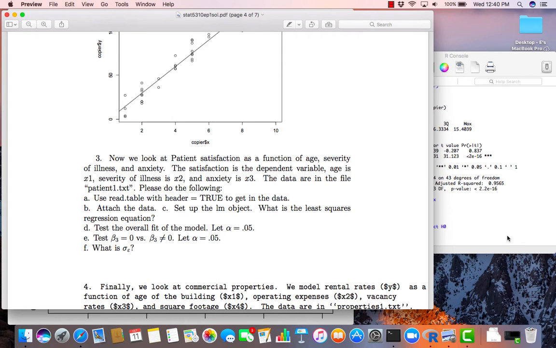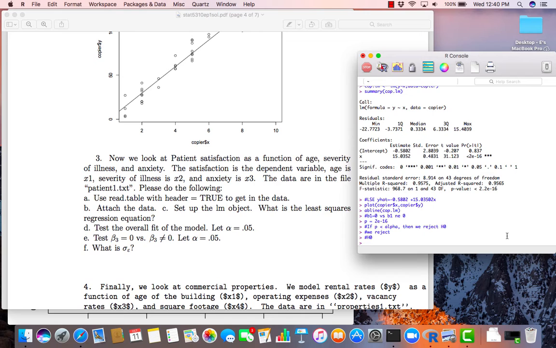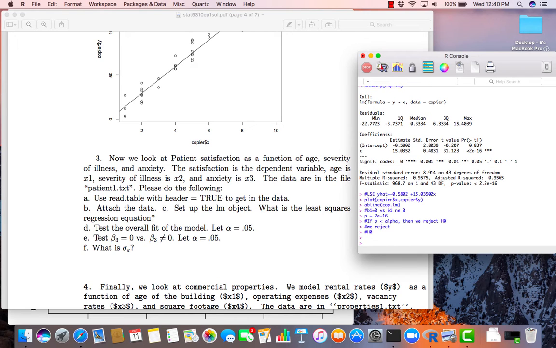So we need to get our patient data. Let's call it Pat1, because that's just the way I do things.